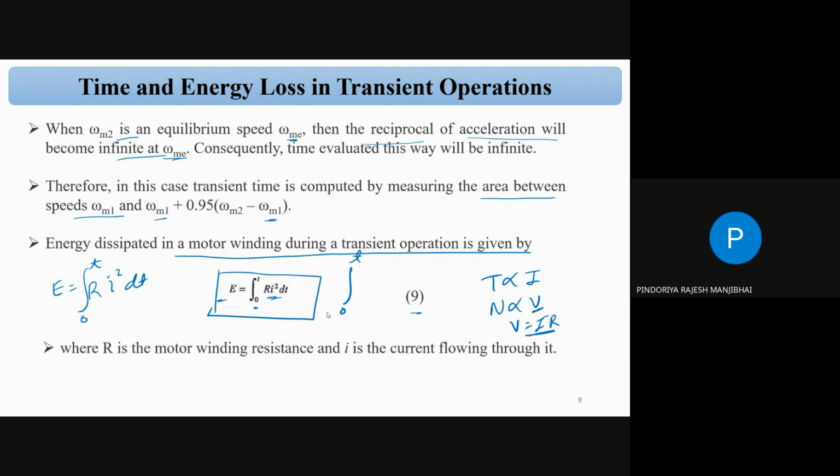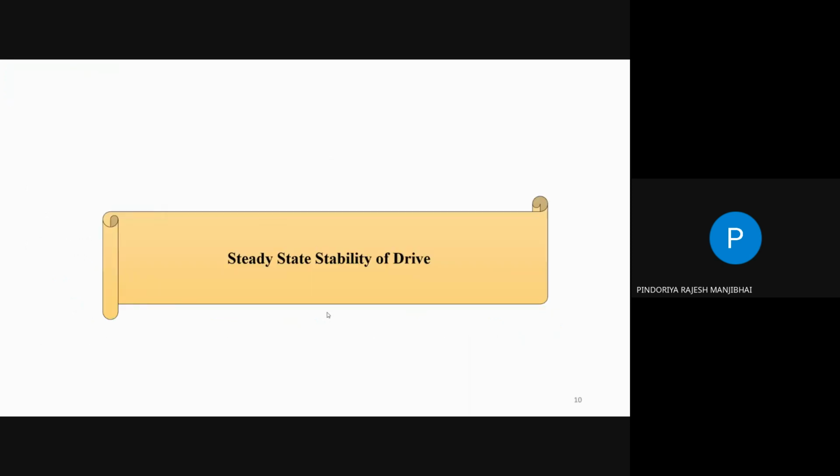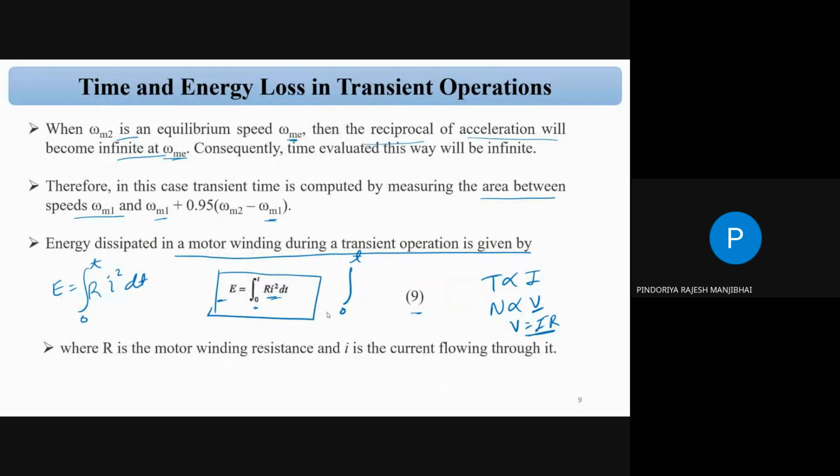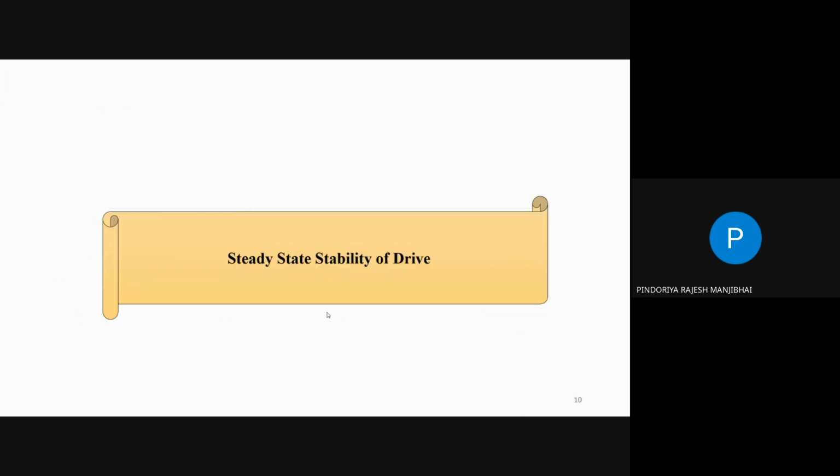Okay. Now, any confusion on this time and energy losses in the transient operation? Any doubts? Okay, good. So now we can start the last topic, that is steady state stability of the drive.